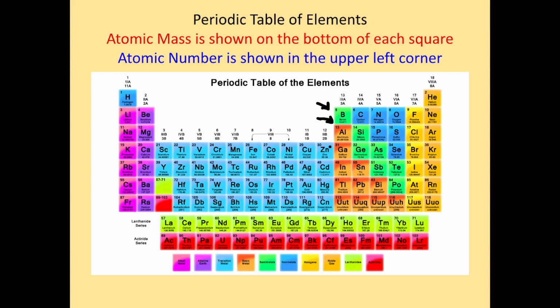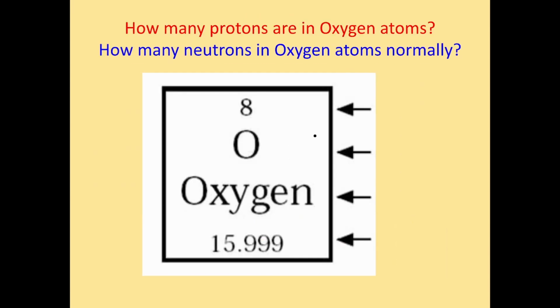But you do need to check to see if the periodic table has a legend. So how many protons and neutrons are there in an atom? So here's the atomic number. That tells us the number of protons as well as the number of electrons. And so that means that oxygen has 8 protons, and a stable atom will have 8 electrons.